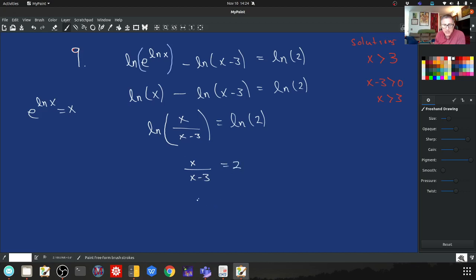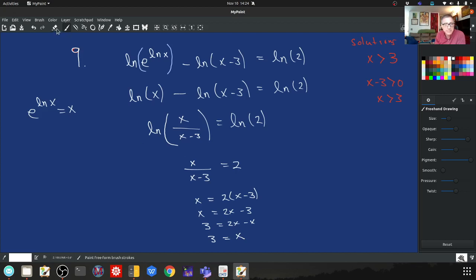So we clear the denominators by multiplying both sides by x minus 3. And then we simplify. I'm going to place the minus 3 on the left and the x on the right. So 3 is equal to x.